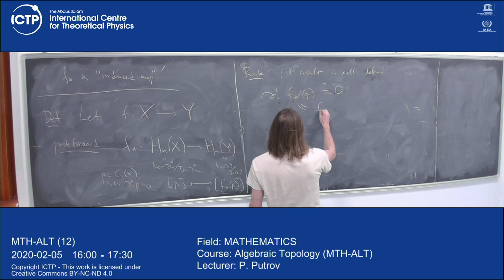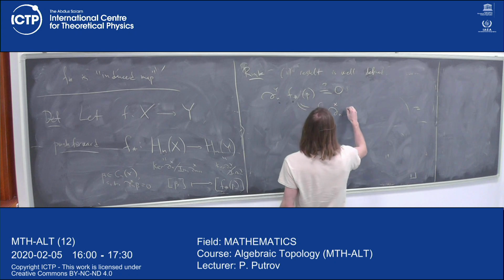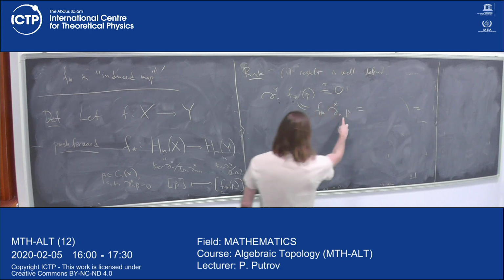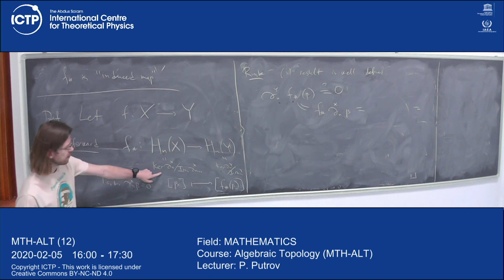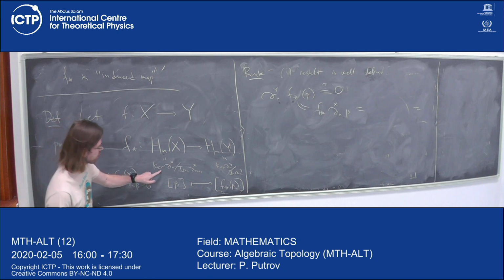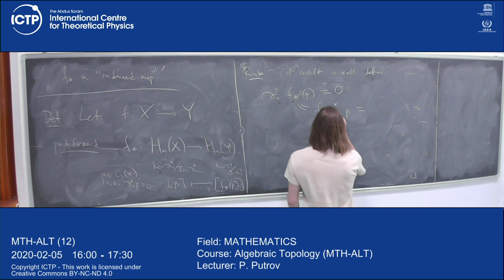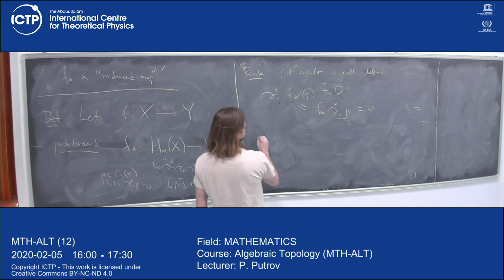So it's the same as F sharp acting on d beta. But we chose beta to be a representative of this quotient, so beta is inside the kernel. So this is 0. The whole thing is indeed 0. Okay, so we checked this.